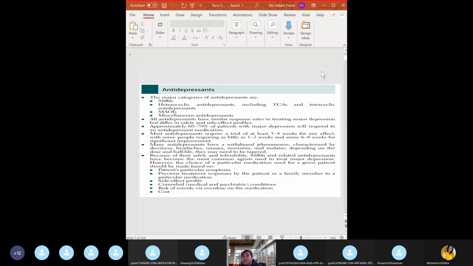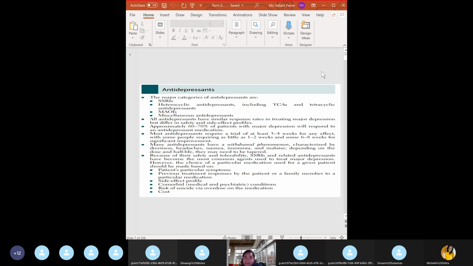If it doesn't work, change it to another SSRI or change it to an SNRI. Approximately 60 to 70% of the patients with major depression will respond to an antidepressant medication. So only about 30% don't respond to the medication they're taking.